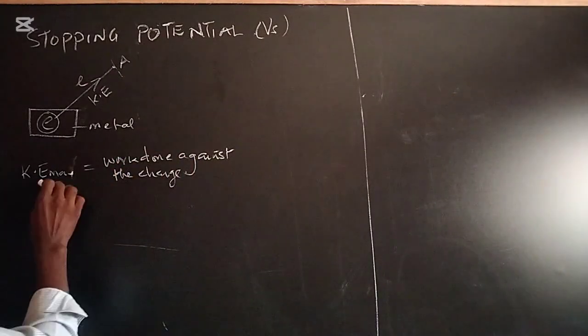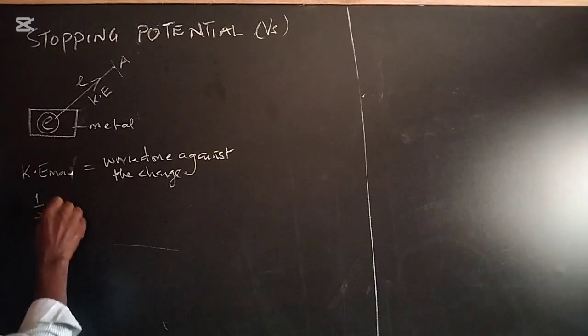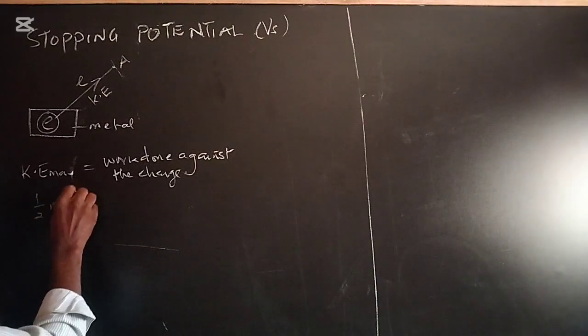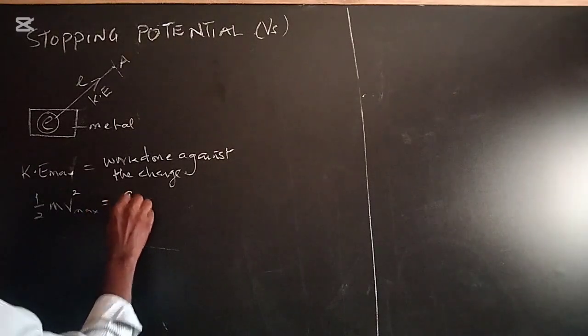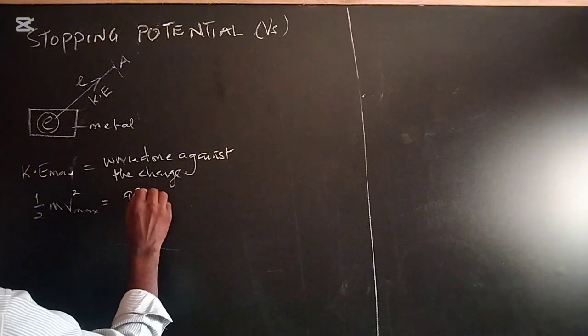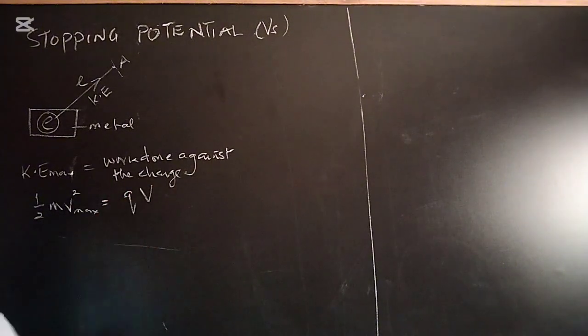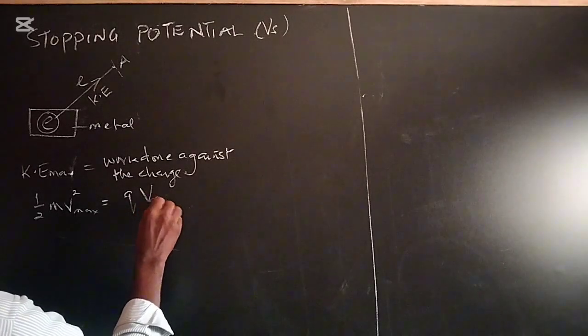So the kinetic energy, which is half mv squared, where v is velocity, is equal to the electronic charge times the voltage. So this voltage can be referred to as the stopping potential.